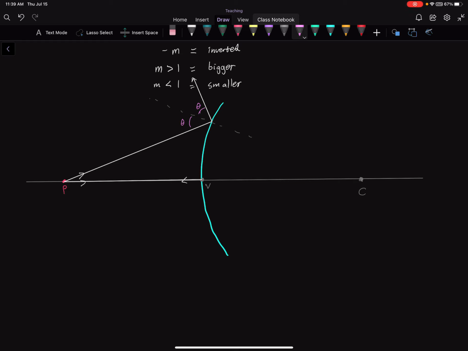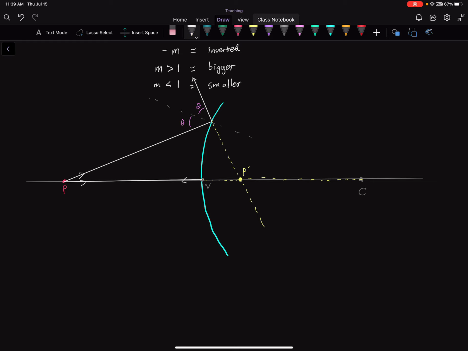So what you then do is you would trace this back to find the image point. Trace this back. No actual light is coming here. And this guy is going to come back here, and you find that they intersect right there, right? And so that must be P prime, the image. And it's a virtual image, again, because there's no light actually intersecting back there.